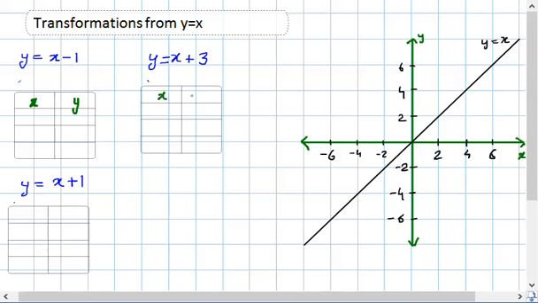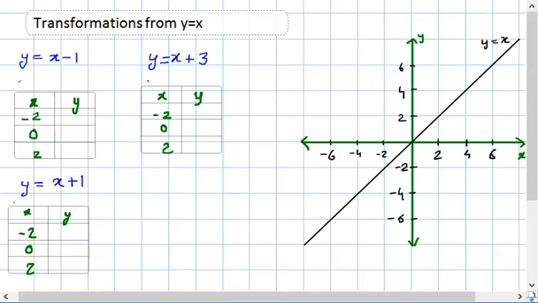Like I said in the last video, I like to take one positive number, one negative number, and 0. So I'll take negative 2, 0 and positive 2 in each case and see what values we get.